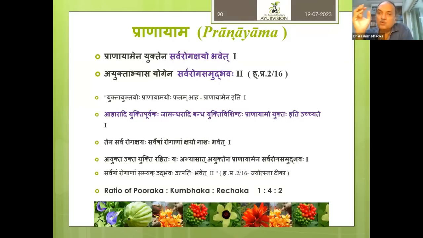Now, when you inhale in 1, 2, 3, 4, and if you are not able to exhale in 8, then slowly and steadily you should practice and come to that level. It is not possible that in the beginning you will hold for 16 and then you cannot exhale, you get exhausted, and the exhalation gets completed by 6 or so.